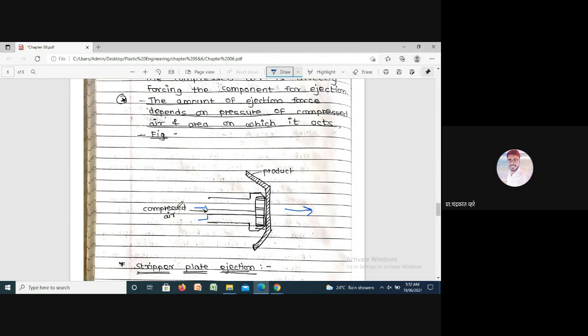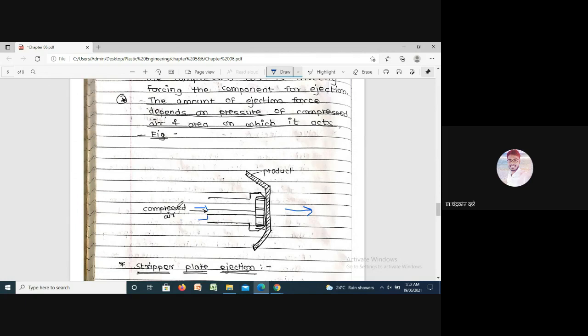So this is all about the ejection systems. For different applications we can use different ejection systems as per suitability and efficiency, and by considering all these things, we can easily establish the ejection system for our molding process.